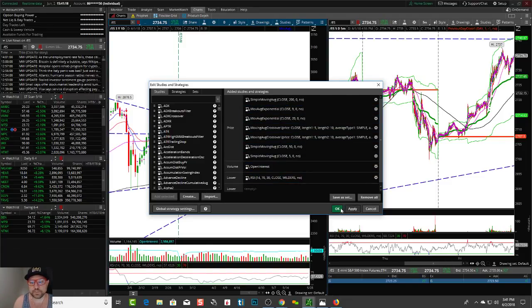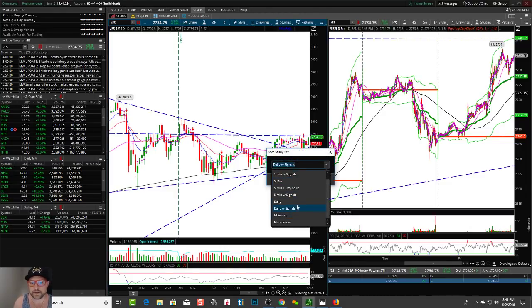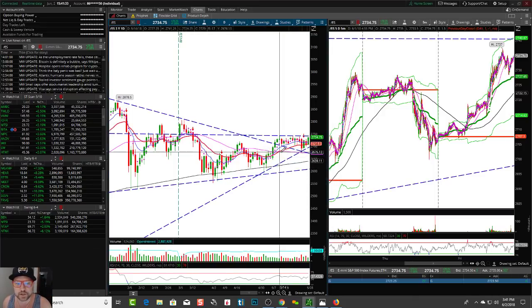Then you press apply, OK. And then you can go up here to studies and click save study set. And then you can name it whatever you would like, right? So these are just for your filter studies. This is for like moving average lines, stuff like that, right? But that's only going to save your studies.